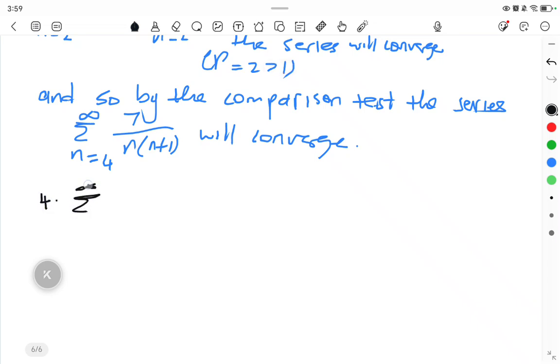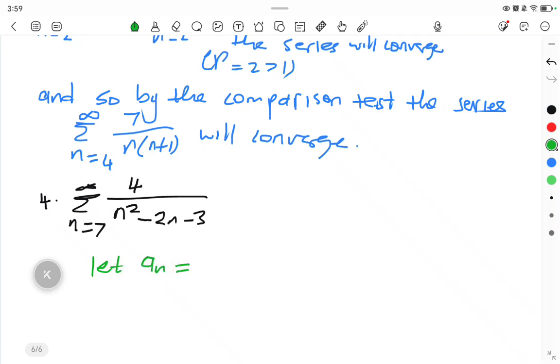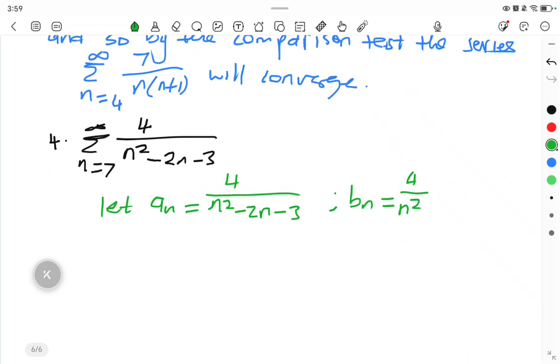We have the series starting from 7 over n squared minus 2n minus 3. First, I let an be equal to 4 over n squared minus 2n minus 3, and then bn will be 4 over n squared.